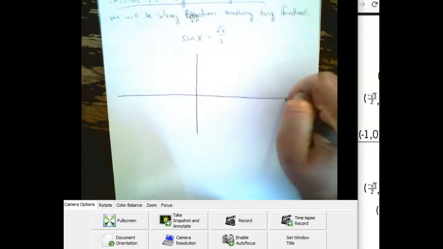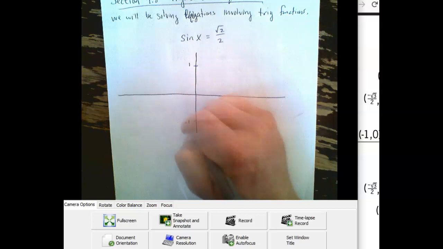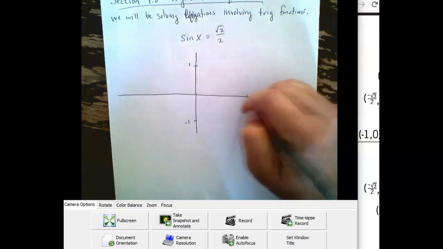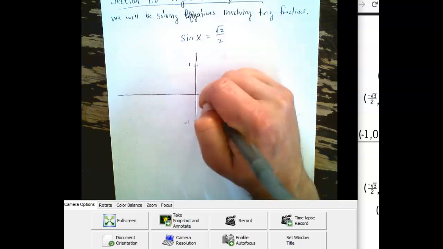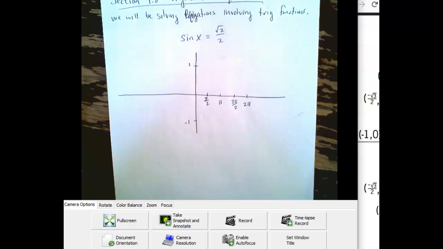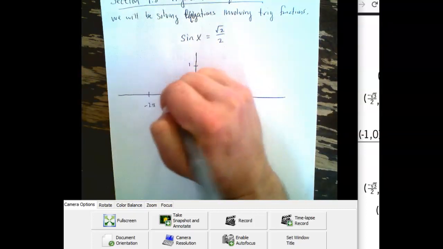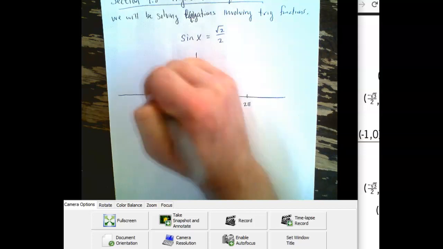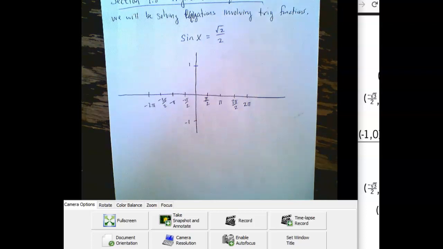Basic sine function here. We know it goes between -1 and 1. And we'll scale our axis like normal. 2 pi, pi over 2, 3 pi over 2, and -2 pi, negative pi over 2, -3 pi over 2. Okay.